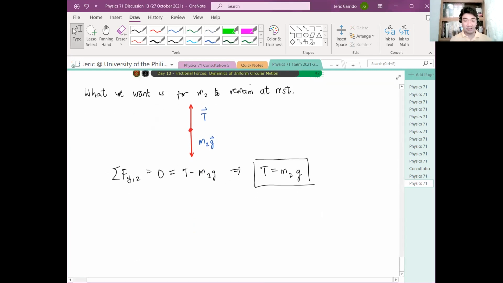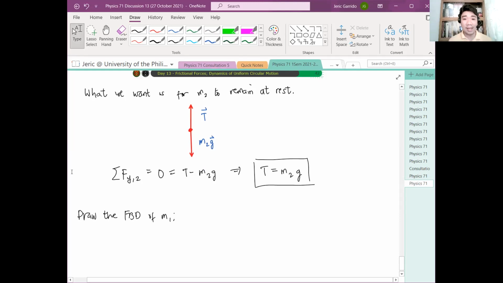Okay, now let's have some fun. Ang tanong ngayon, how is the tension related to the forces acting on the first mass? So that will be the second condition. Ang gagawin naman natin ngayon is we draw the free body diagram of M1.